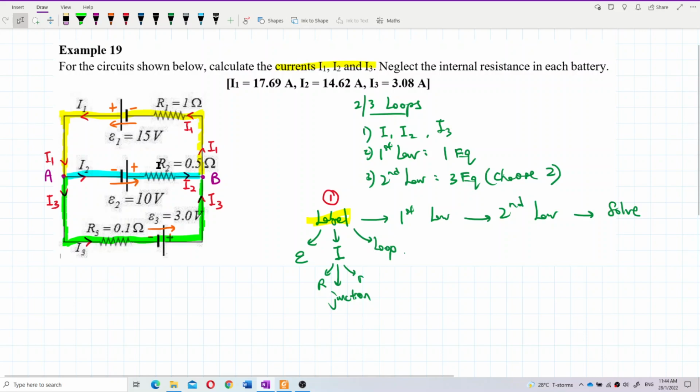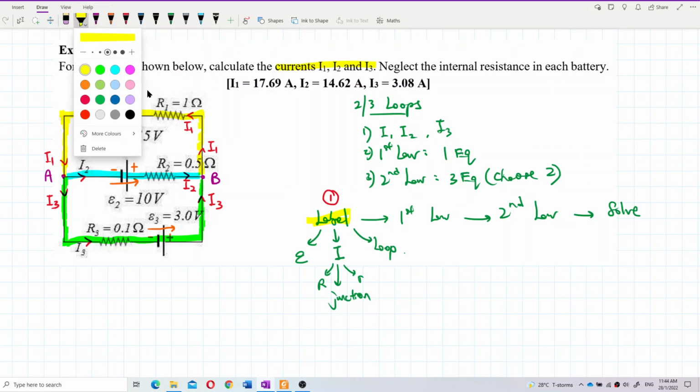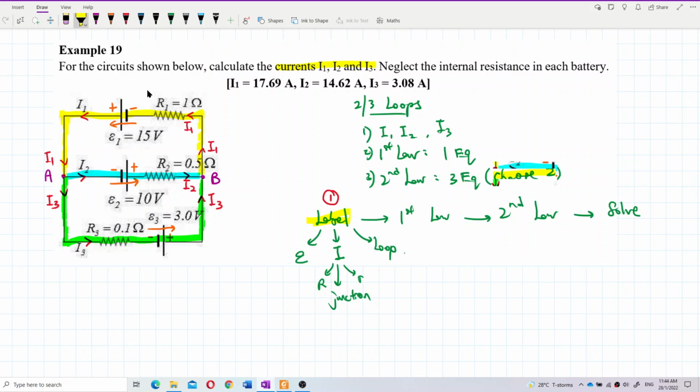So which loop are you going to choose? You're only going to choose two loop directions. I know there are three loops. You can choose the top loop, or the bottom loop, or the big loop outside, excluding the middle.